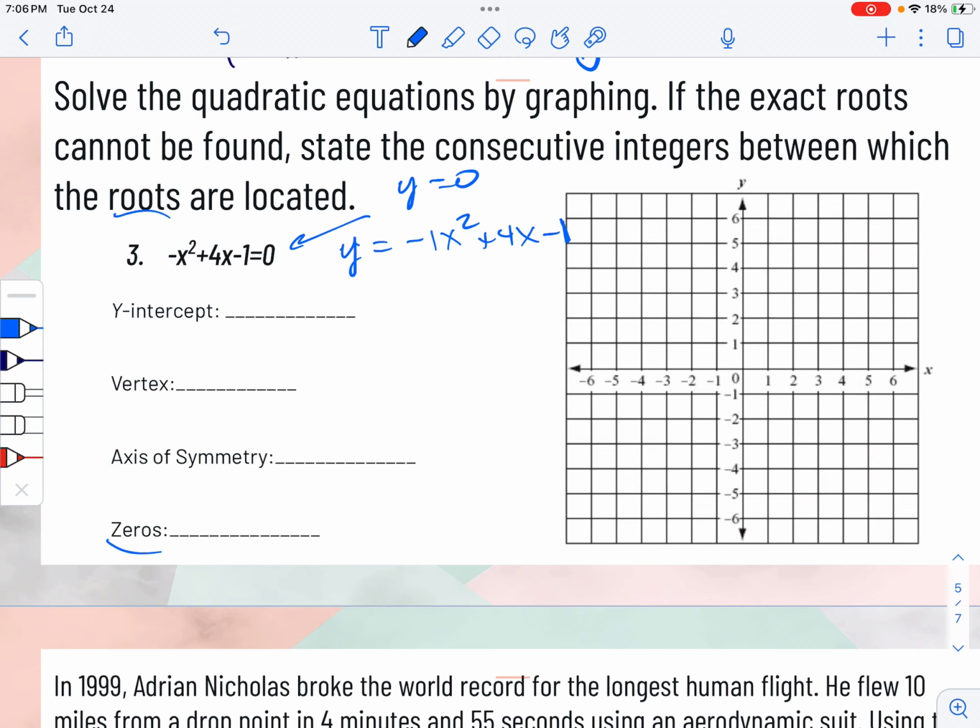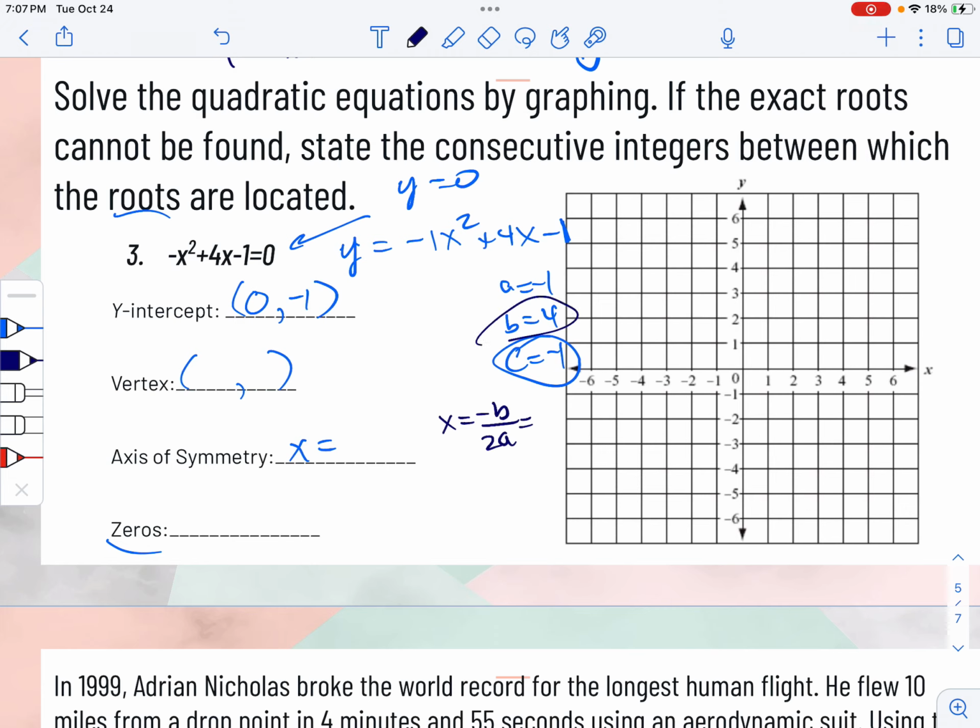Okay, so it's going to open down again. A equals -1, B equals 4, and C equals -1. So right there, my y-intercept 0, -1. Axis of symmetry, x equals, and the x value of my vertex are just going to be this. X equals negative b all over 2a.